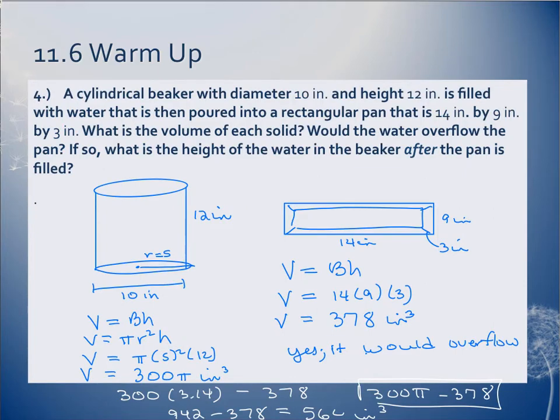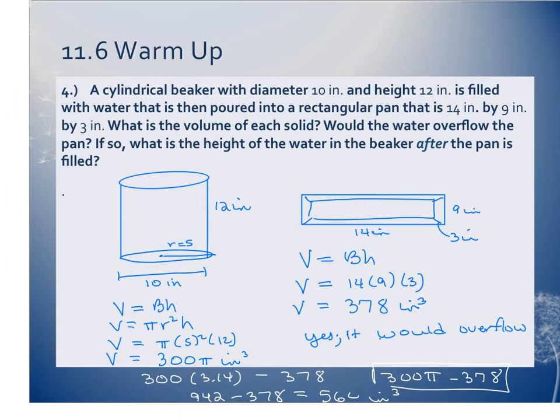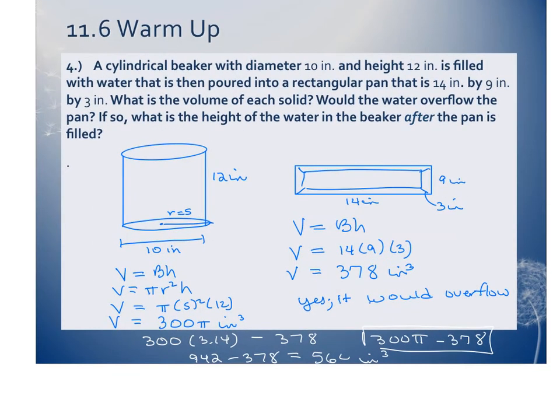This next question, this is a nice standardized test question. You might see something like this on an SAT, a PSAT, places like that. So here it's telling us that we have a cylindrical beaker, and we also have a rectangular pan, and they're filling it with water.